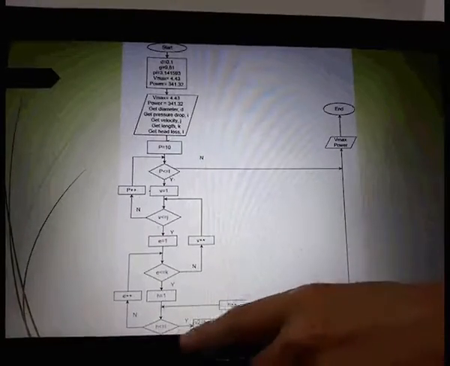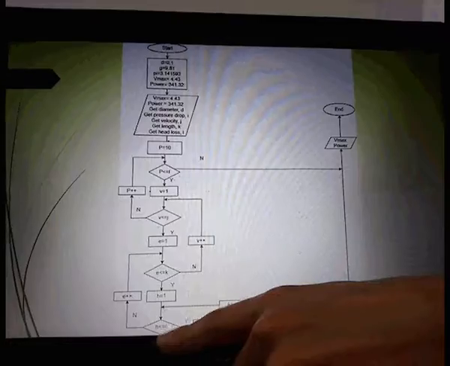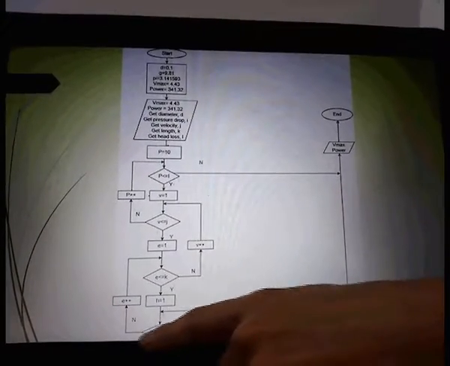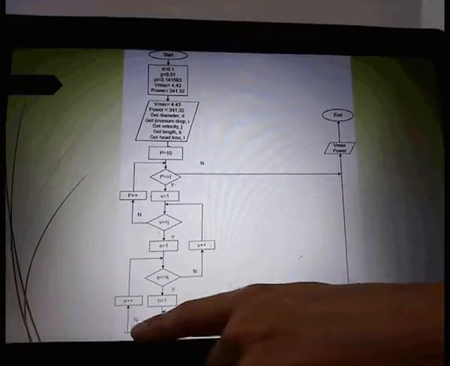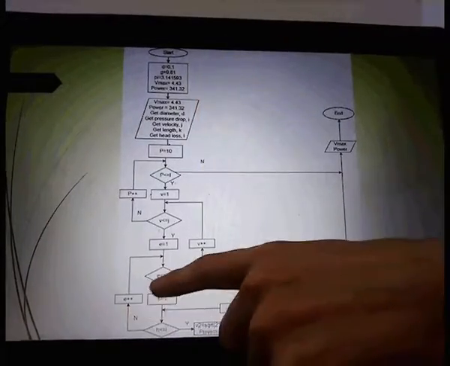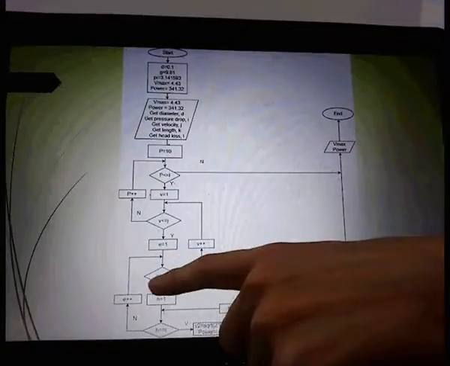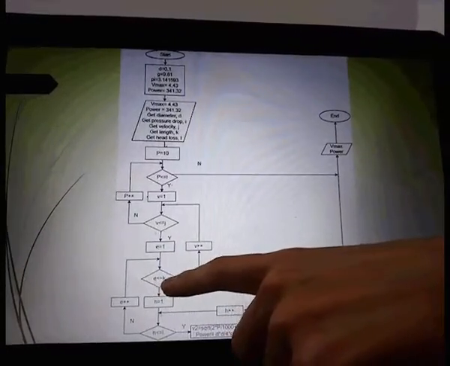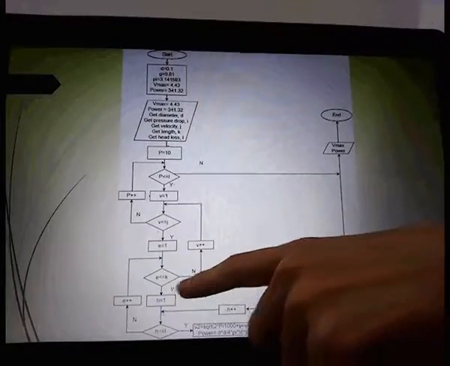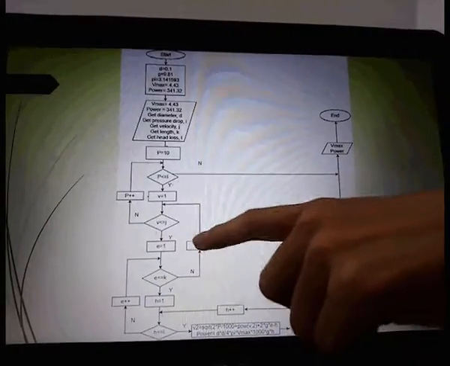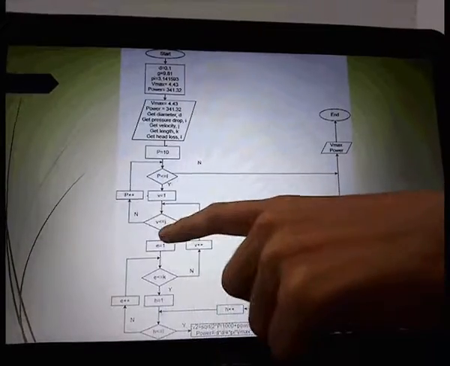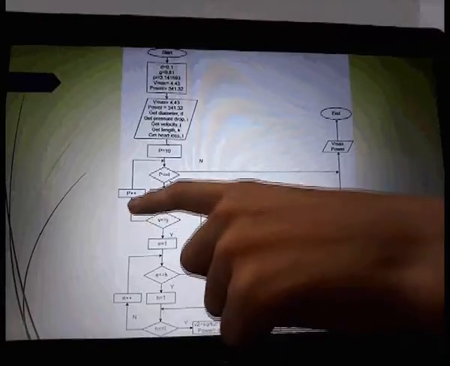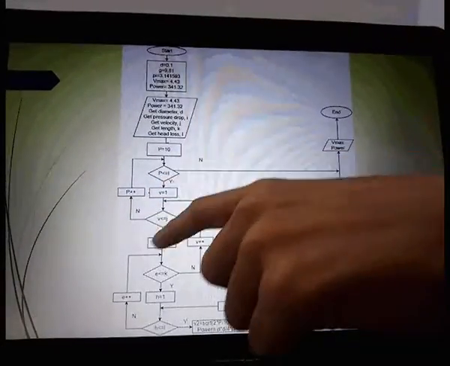It goes back for the increment H++, until the answer is no, then Vmax equals the velocity found. If H is greater than L, the result is no, and you go back to increment E++. The same goes for E: if E is greater than K, the answer is no, and you increment V++, and so on for V greater than J, then P++ and back to the equation.